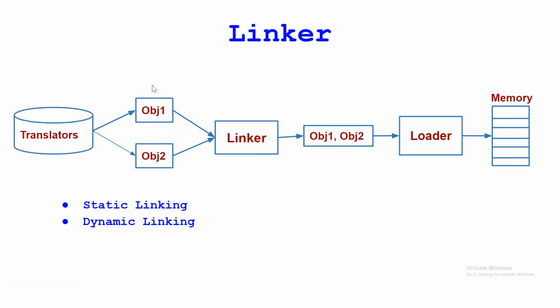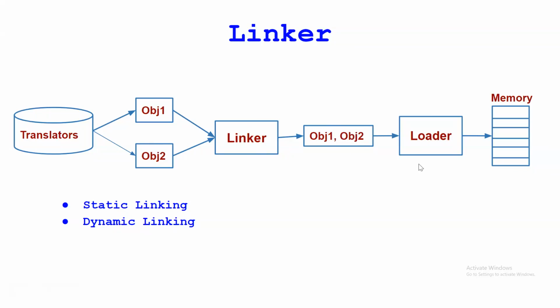These two files need to be combined into a single file, and that file will have the references of object one and object two. Only this part is for the linker, and it is of two types, static linking and dynamic linking.